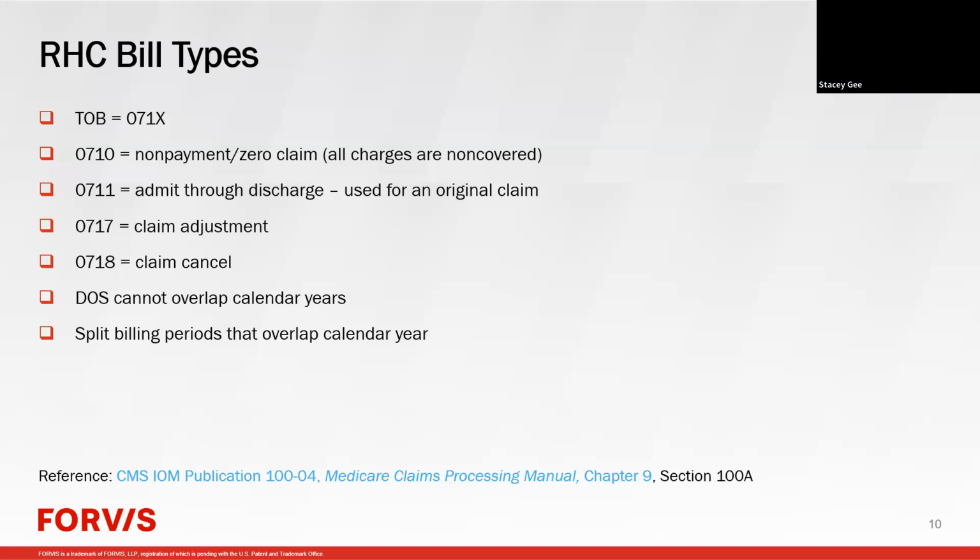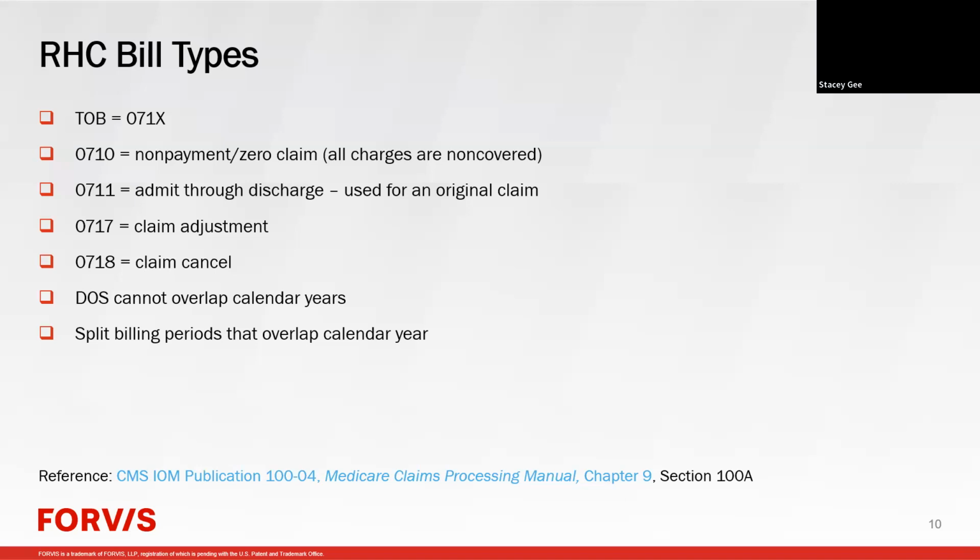So 0710 means that you're telling that payer that it's a non-payment, zero claim, all charges are non-covered. So they're not anticipating any kind of payment or reimbursement. It's truly an informational type claim.